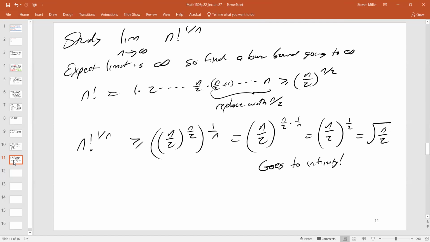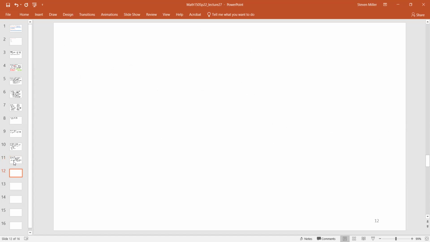The ratio test is a little bit more powerful. I believe every time the ratio test works, the root test works, but there are sometimes the root test works and the ratio doesn't. So we know a nice function where the ratio test gives us no information. What is that sequence where the ratio test gives us no information? The 1 over n squared. Or a little bit more before that, 1 over n.